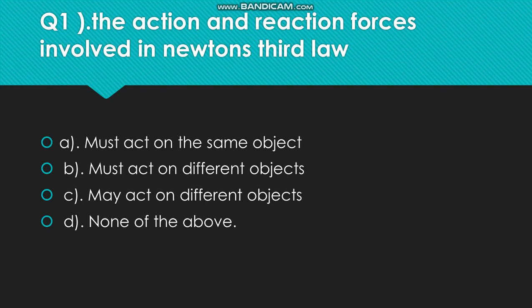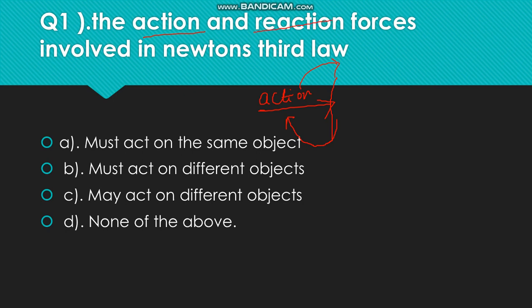It is very obvious that when an object imparts a force, that is your action. This action is on this object, and the reaction is what this object will give on the first object. So action and reaction cannot act on the same object.